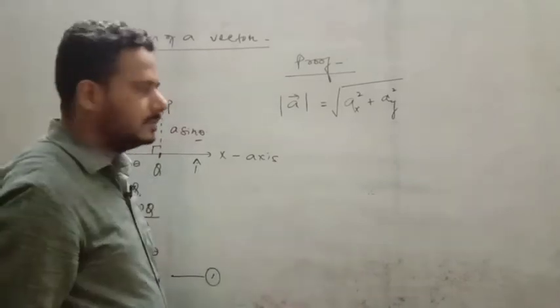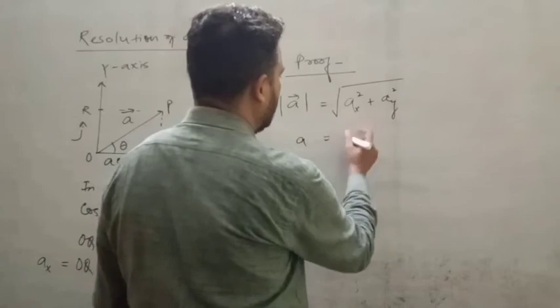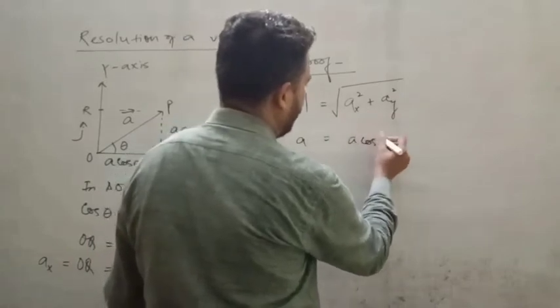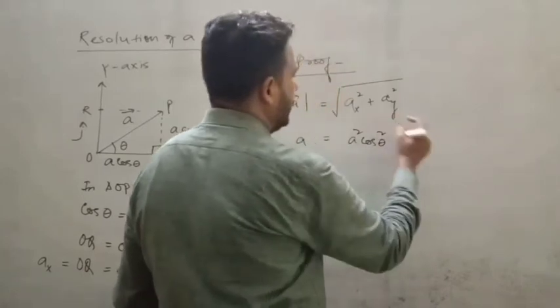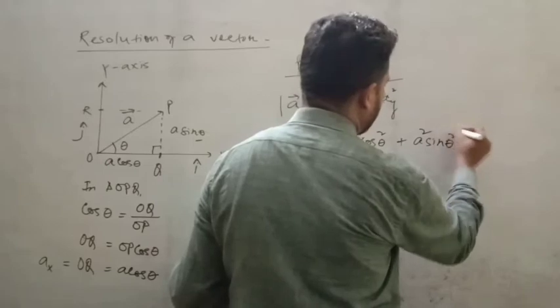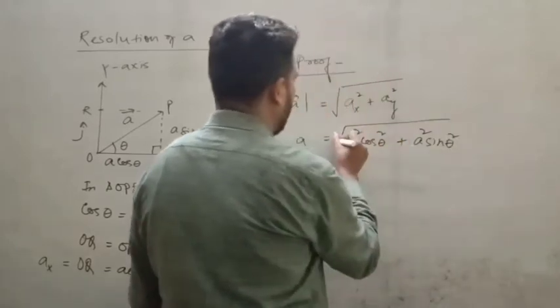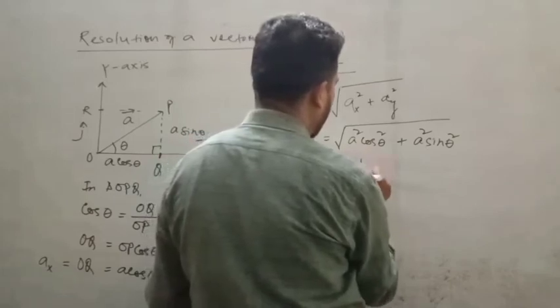Now from here, just put its value. This one is ax and this one is how much? A cos theta. So a square cos square theta plus this one is a sin theta, so this one is a square sin square theta. Okay, just take a outside. So this one is just like a.